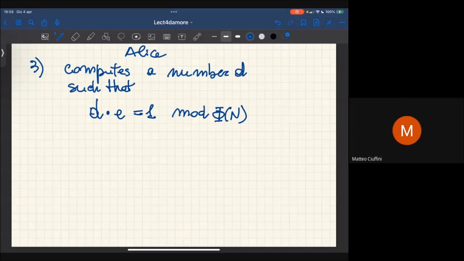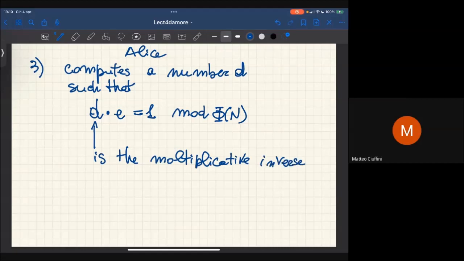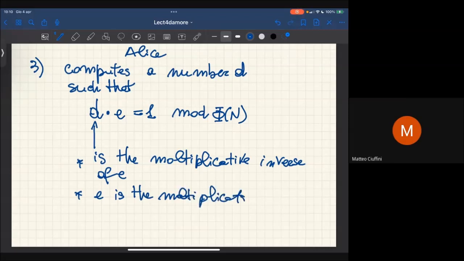People love to say that D is the multiplicative inverse of E. Another point that is equivalent: E is the multiplicative inverse of D.